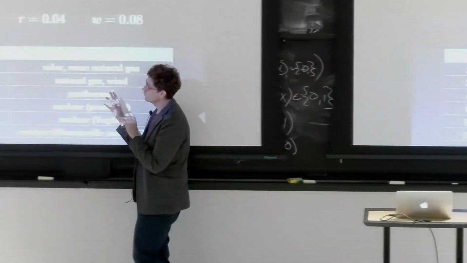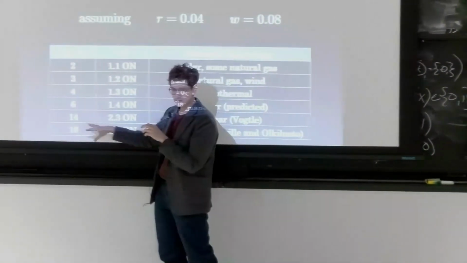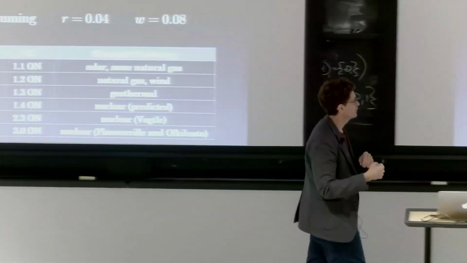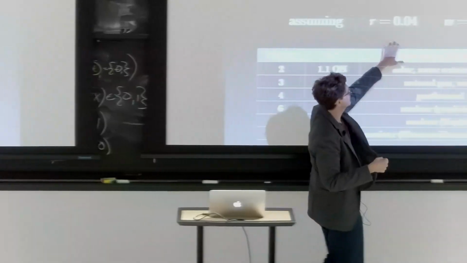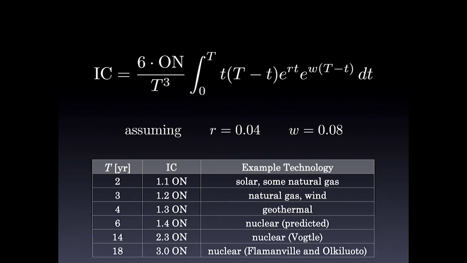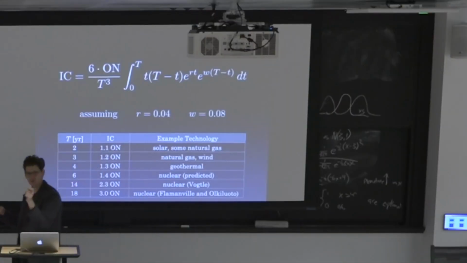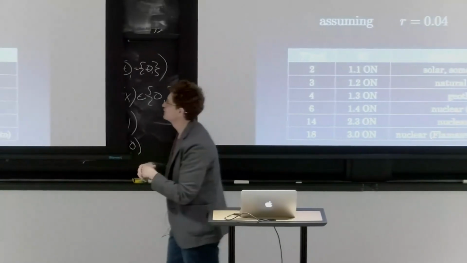When we look at the overnight costs, we are ignoring this component. When we look at the investment cost, we're including this component. These particular numbers are calculated for essentially a 4% real interest rate, which is a little bit low. 8 minus 4, so 4 is the inflation rate, 8 is the interest rate.